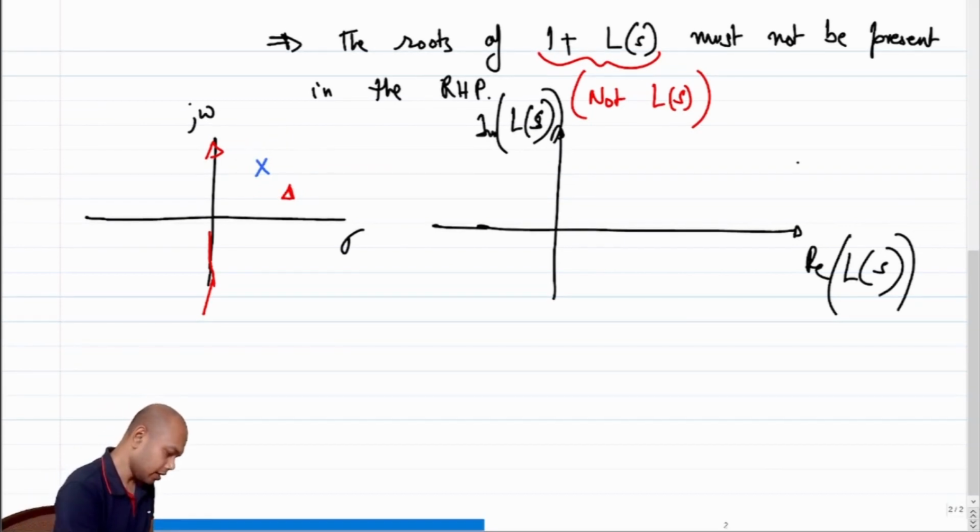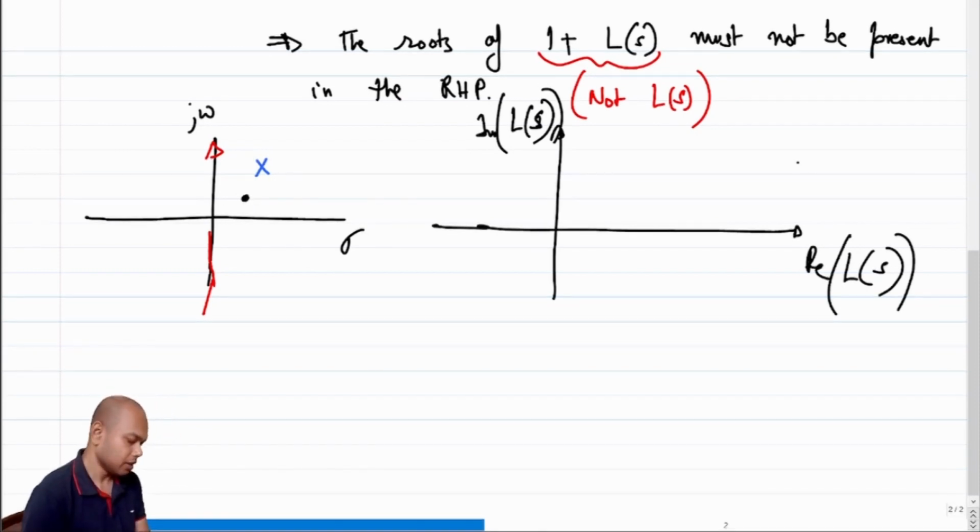Essentially, let's say I select some point here, some sigma 1, omega 1 point, and I map this point on the L of s plane.